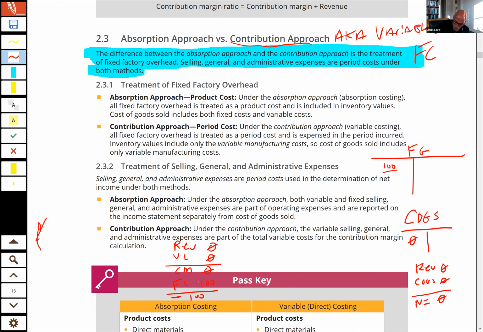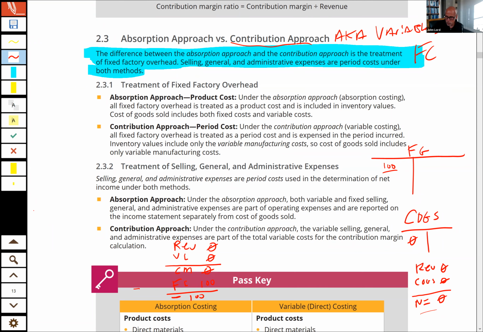And the difference between the absorption approach and the contribution approach is what? The contribution approach is showing a lower net income by the amount of fixed overhead costs still sitting on the balance sheet under absorption. So then you're not recognizing expenses when incurred under contribution?